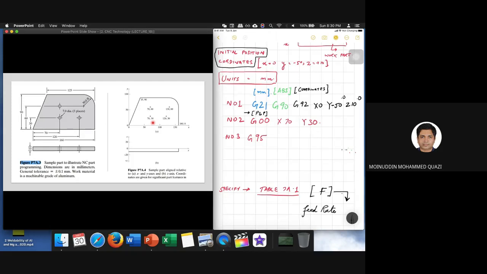Now I have already defined the unit with the help of G95. So G95 is feed unit. After specifying the feed unit, I will tell the feed rate. So I will write here F.